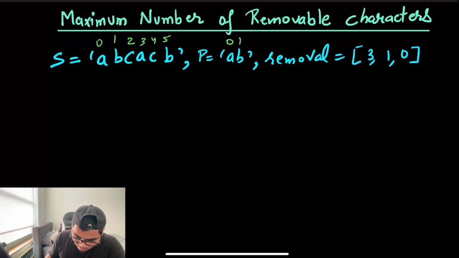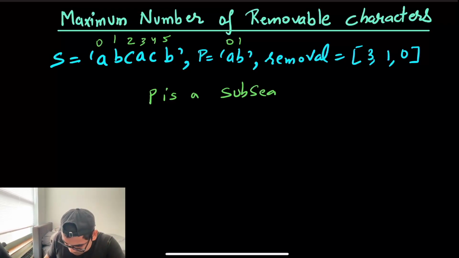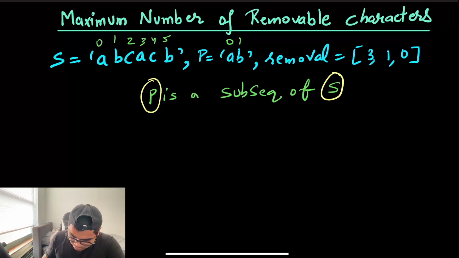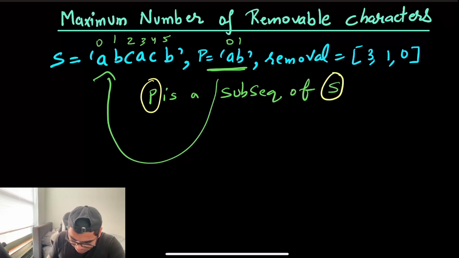Now we are told p is a subsequence of s. What does that mean? That means all the characters of p occur in s in the same order.